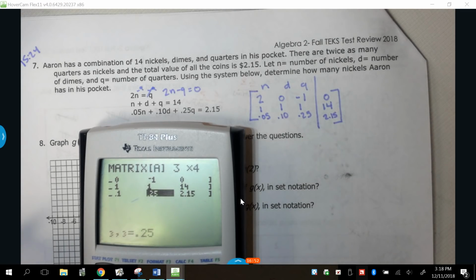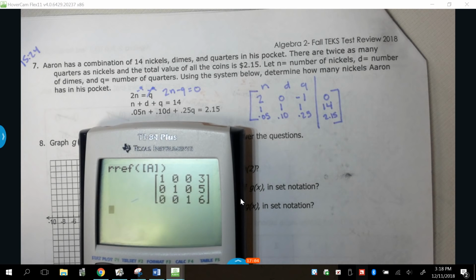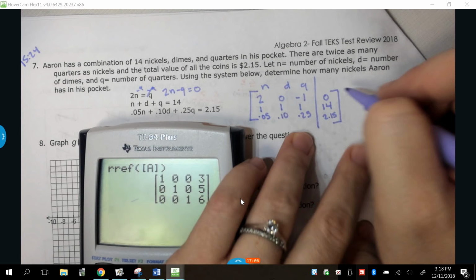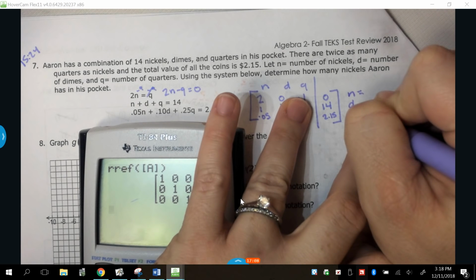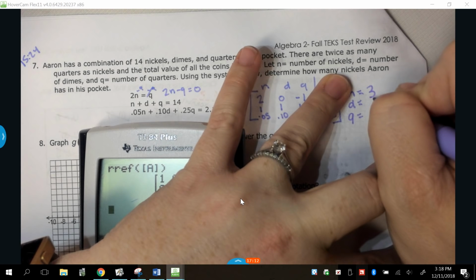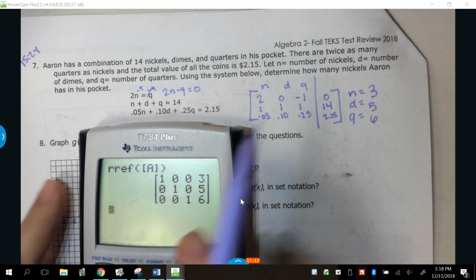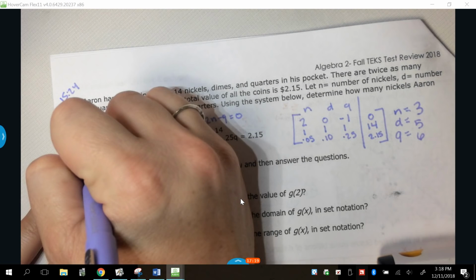Double check it. Okay, I'm going to go back to my home screen, second matrix math, RREF, plug in my matrix that I just built, and my answer. So remember, nickels, dimes, quarters, 3, 5, 6. So it says, determine how many nickels Aaron had. He had 3 nickels.